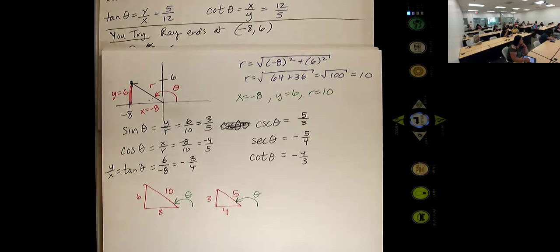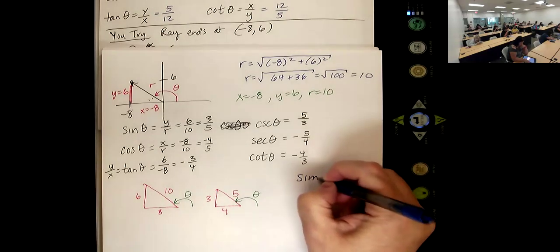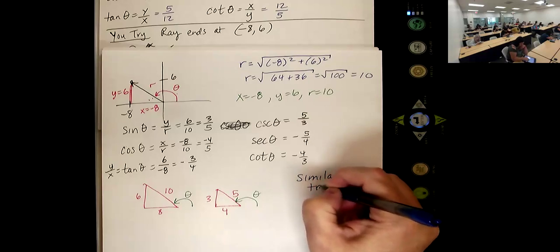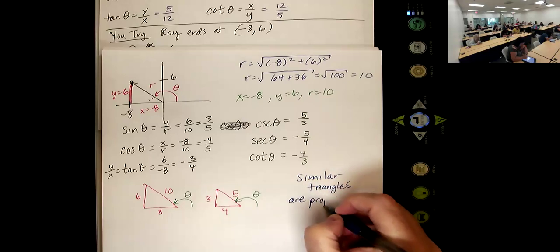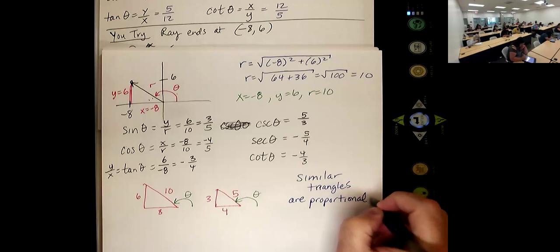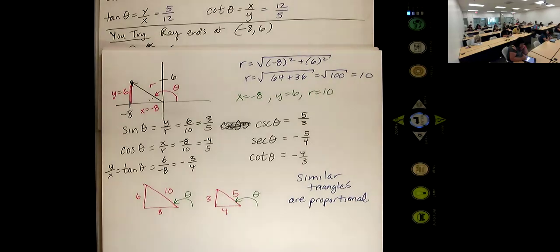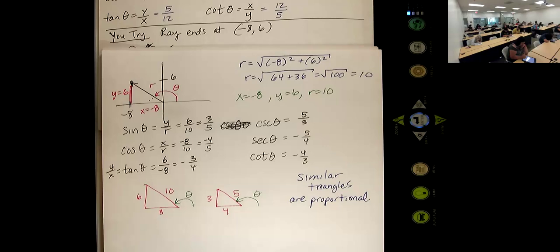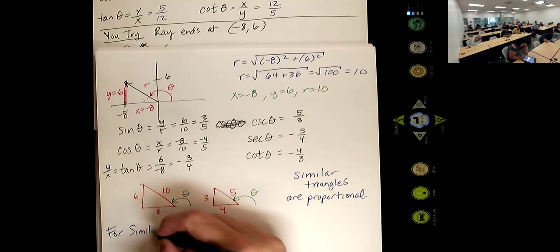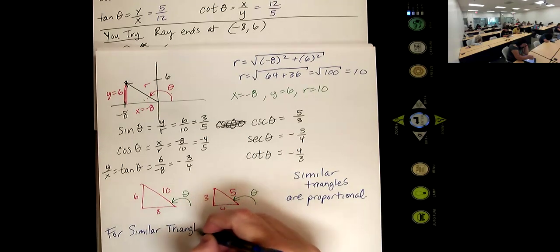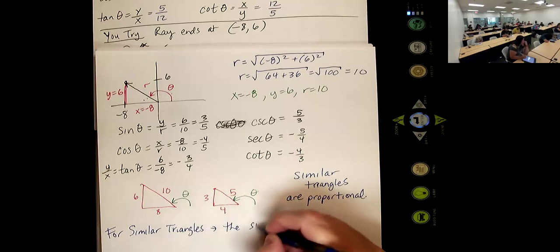So these are called similar triangles. And they're proportional. One is just a scaled up version of the other. And for similar triangles, the 6 trig functions are equal.